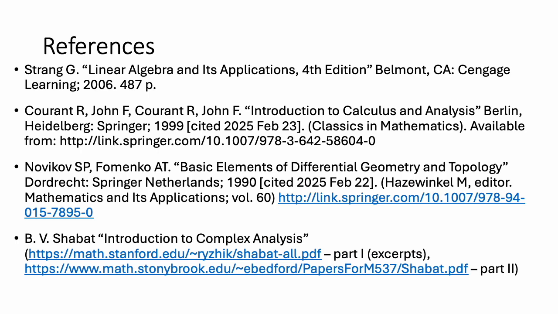Here is the list of references for the current course. It starts with the book on linear algebra and applications by the author with the surname Strang. It's a known book, which is pretty easy to read. So I encourage you to just get it somehow and have a look at it.